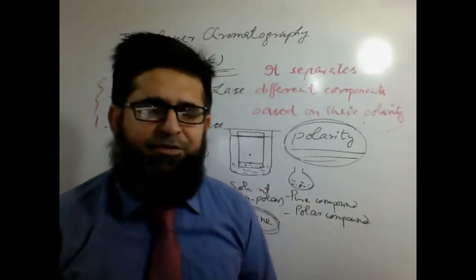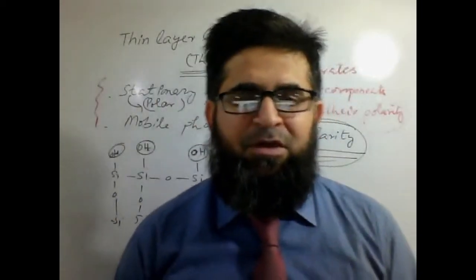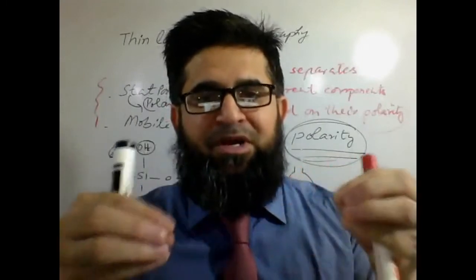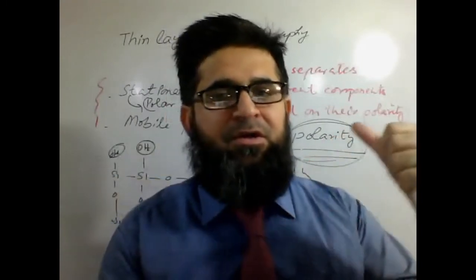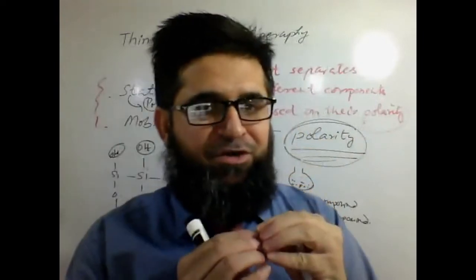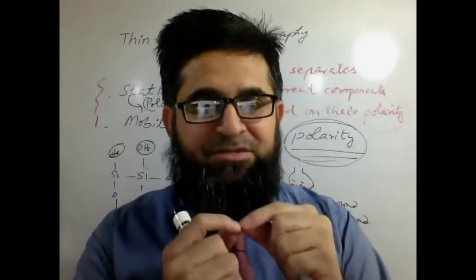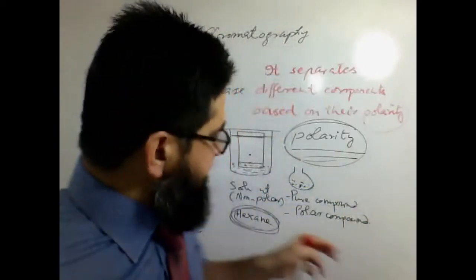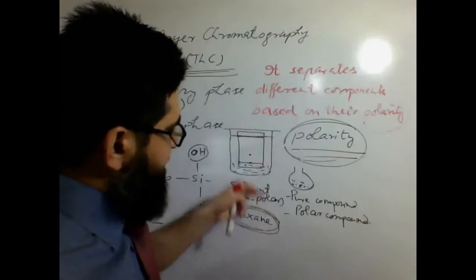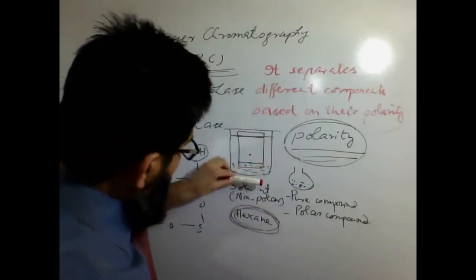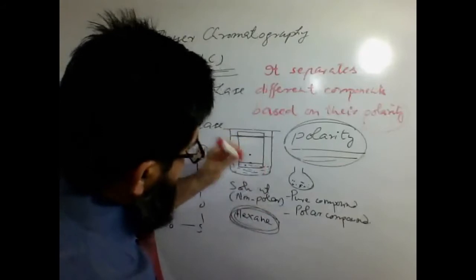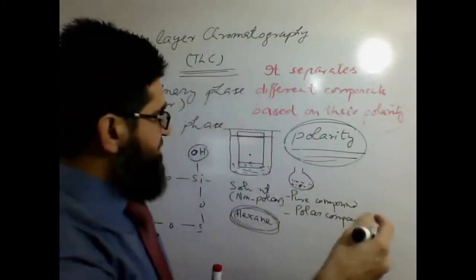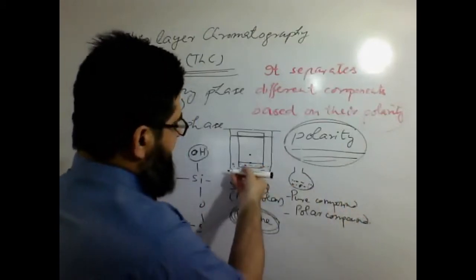You actually need to use solvent systems where two solvents of different polarities are mixed together for running of TLCs. But at the moment, I'm just trying to convey the basic principle, basic lines about TLC. I would say just a non-polar solvent like hexane has been used. As the hexane moves up, the compound which we have taken from the flask or a glass beaker, the sample deposited here, will start moving.